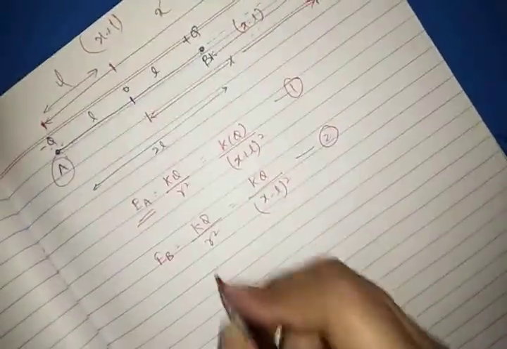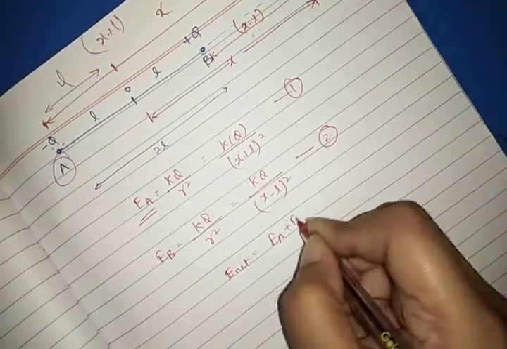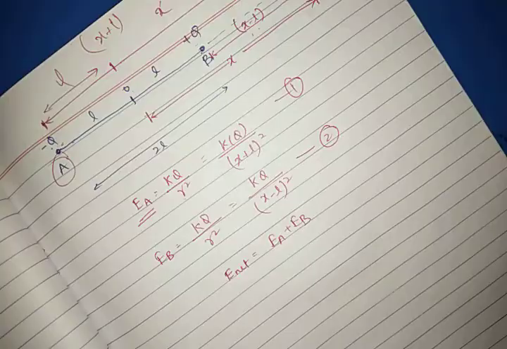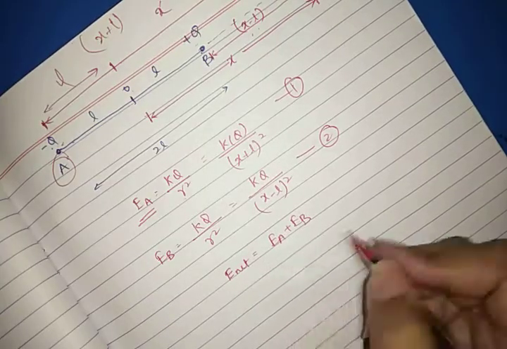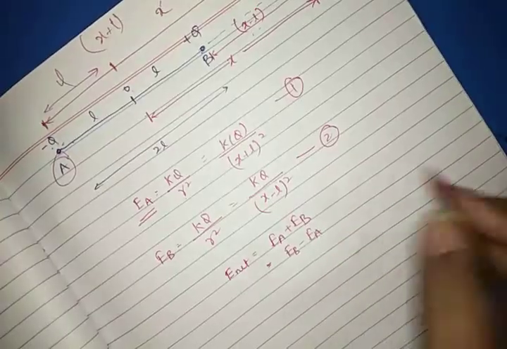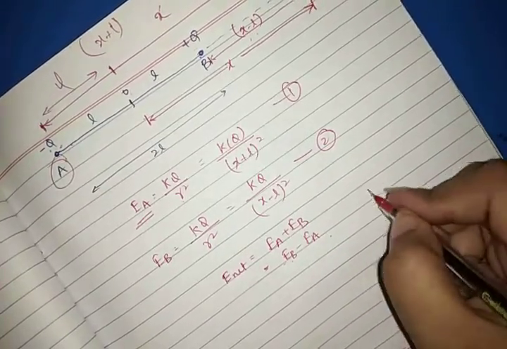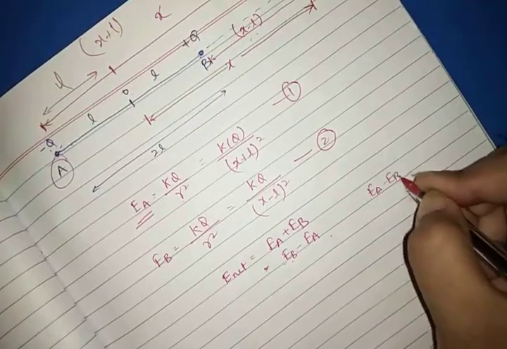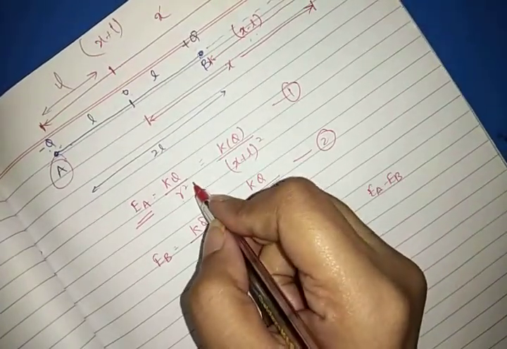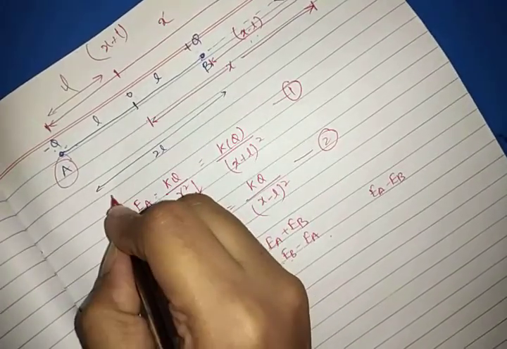Now what we know is that the net electric field intensity is EA plus EB, but EA and EB are opposite in direction. That's why it will become EB minus EA. Why am I doing EB minus EA, not EA minus EB? Because as the distance is less, the electric field will be higher.